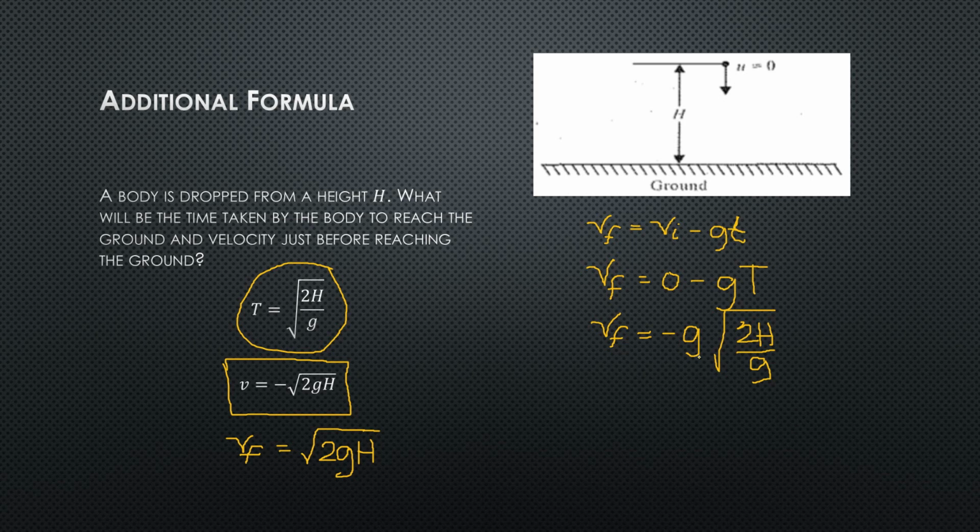Now we will insert the g outside the radical sign inside. Okay, so this becomes negative square root of 2h then g squared.